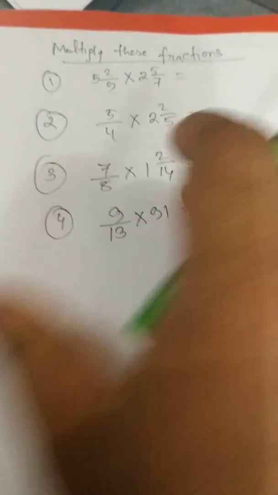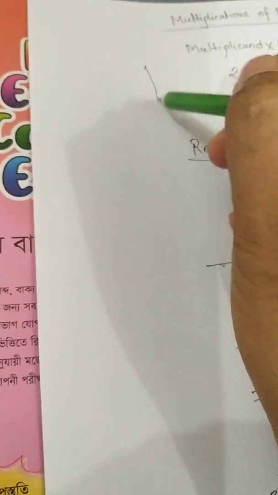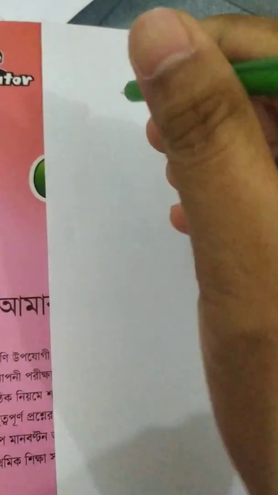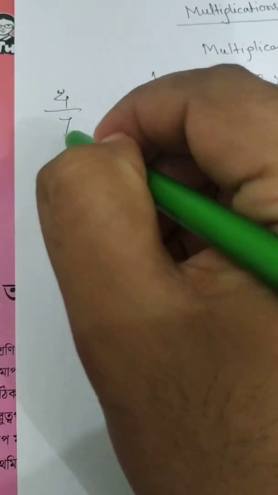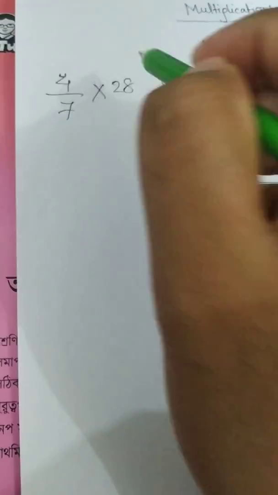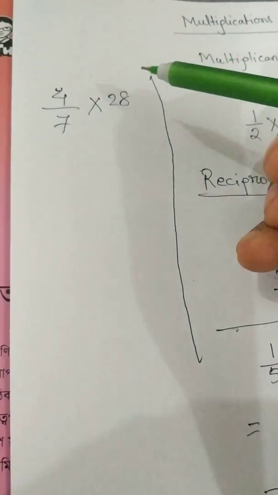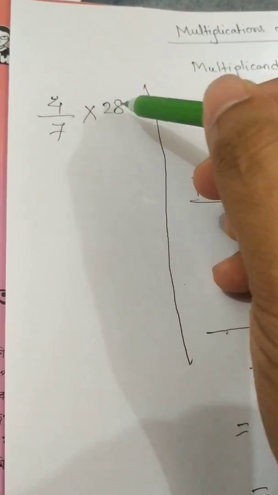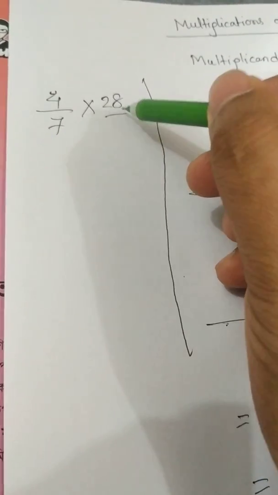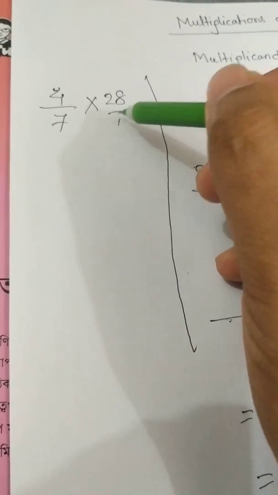Okay, I forgot to discuss one more example. Let's consider, suppose this, 4 by 7 into 28. So how to solve this? You remember, I just informed you that if I write a number, there is always a 1 as the denominator.